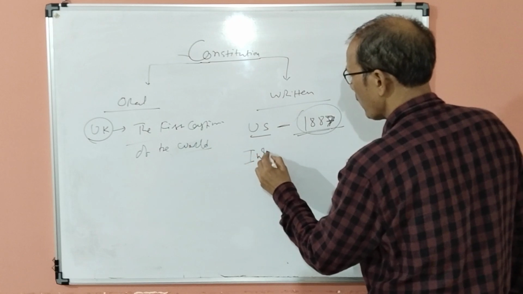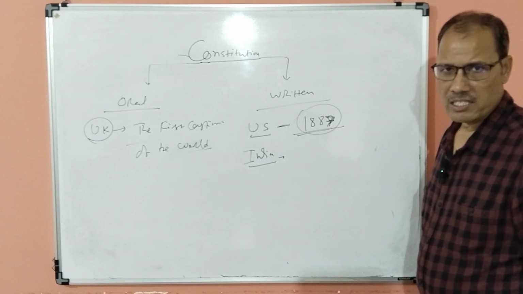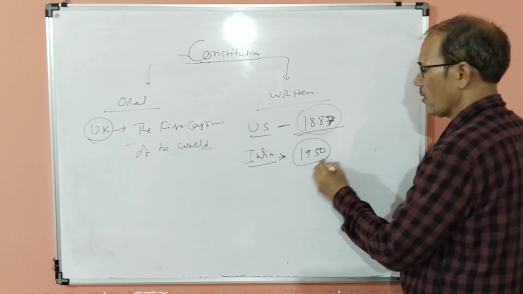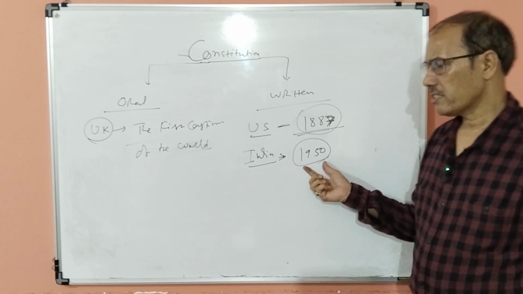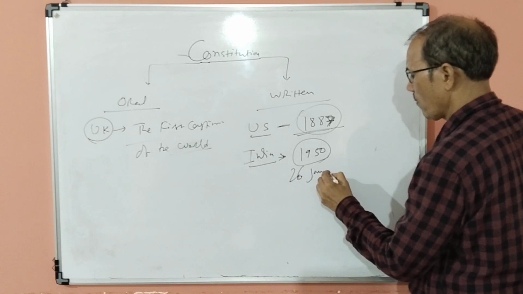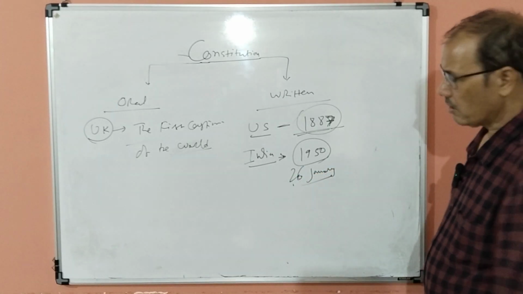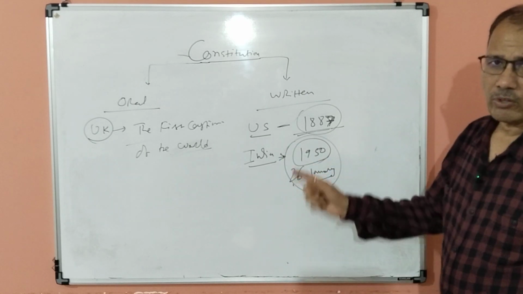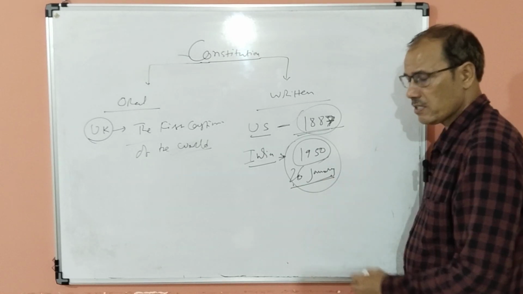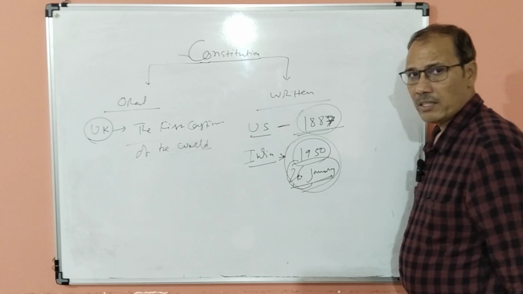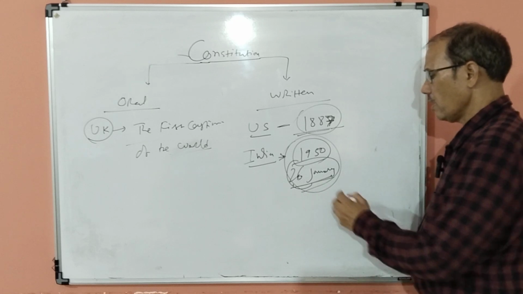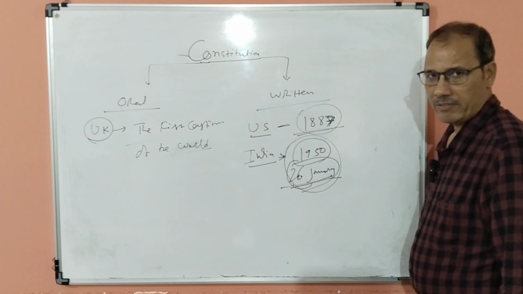In India, we also followed the written concept of the constitution. It was implemented on 26 January 1950. It was accepted by the Constituent Assembly on 26 November 1949, but implementation was delayed by two months in memory of the 26th day of January 1930, when we celebrated Swaraj Day on the bank of the Ravi, Lahore.